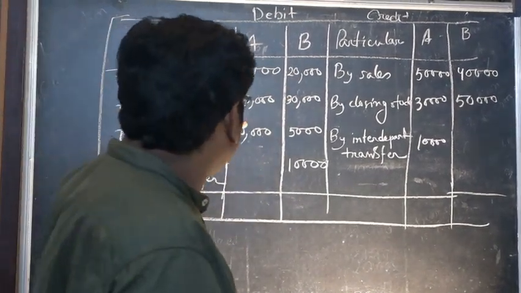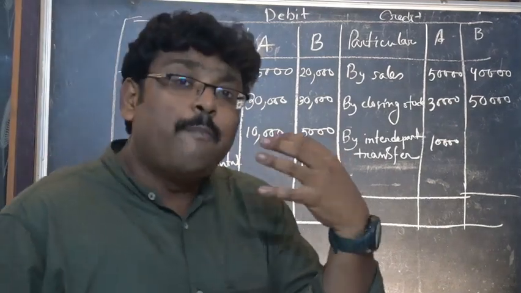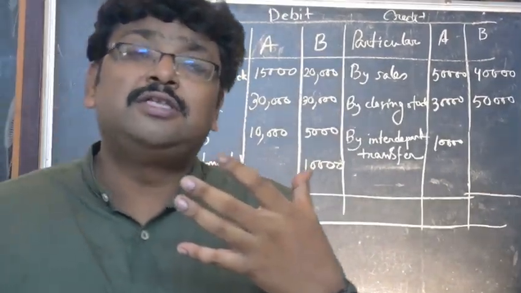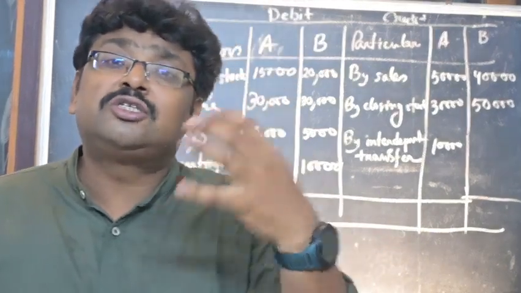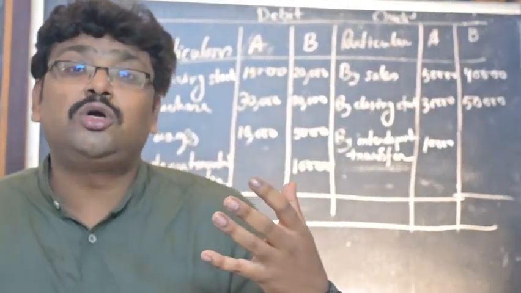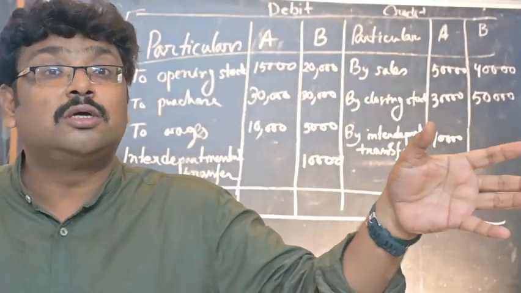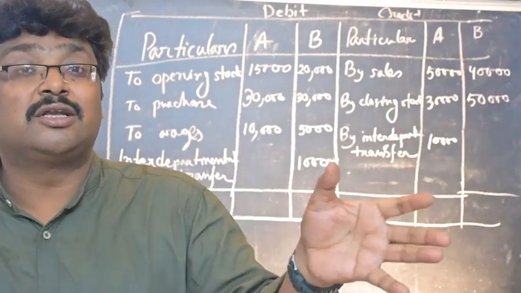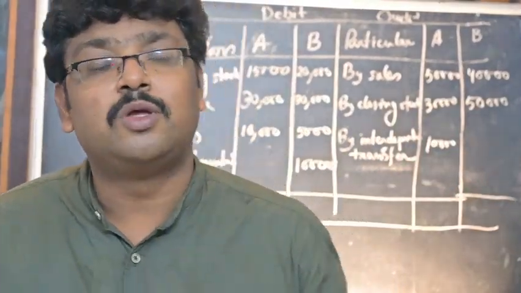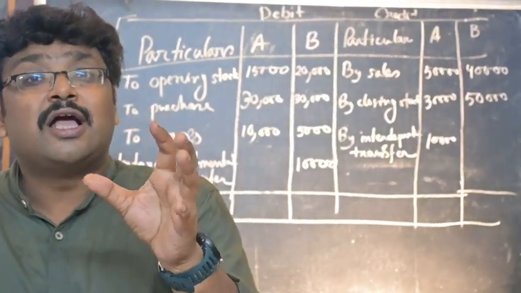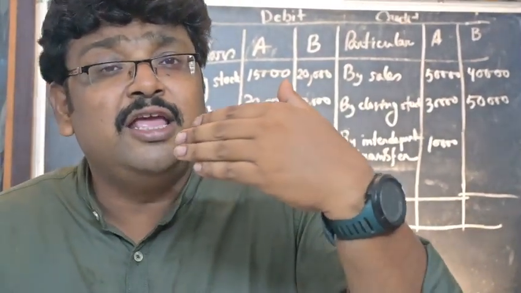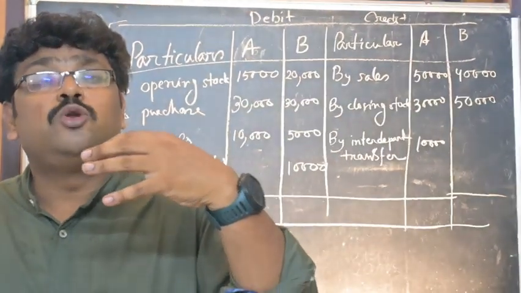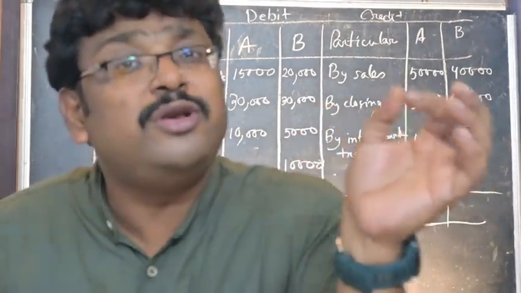So opening stock is a purchase, because these stocks were purchased in the previous year and were not sold at that time. In the financial year 2023 it was the closing stock. Now it is the opening stock.